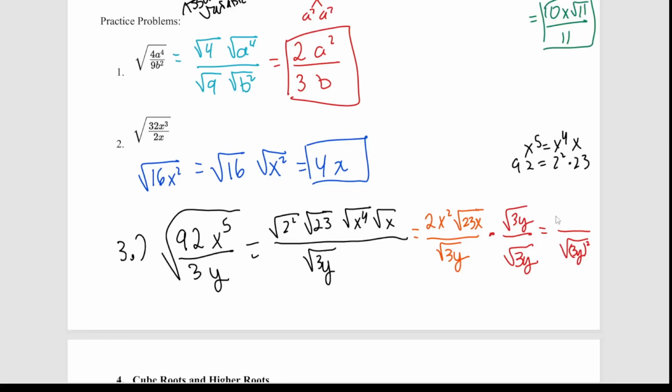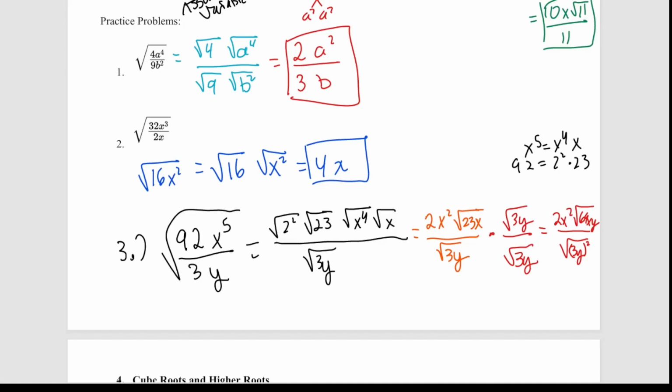So we're going to wind up with 2x squared, square root of 69xy. 69, I don't believe that really simplifies further. Because it breaks down to 23 times 3, and 23 and 3 are both prime. So that's as simplified as it gets.